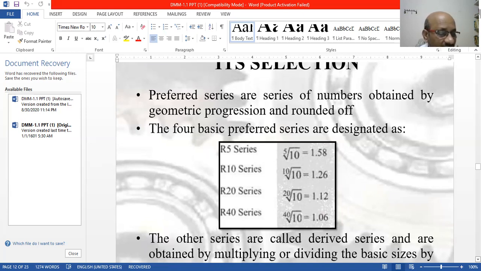That code is IS 1076, part 1. We framed this in the year 1985, and we reframed these preferred numbers in the year 1990.